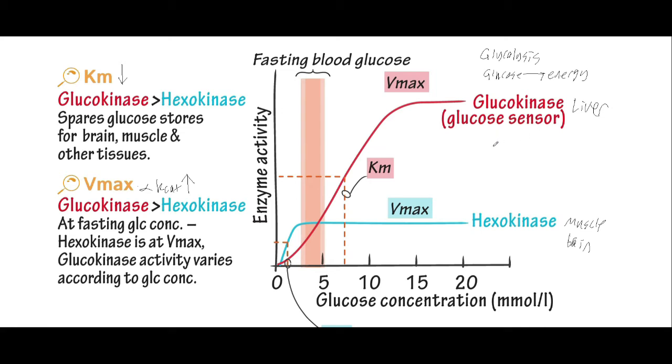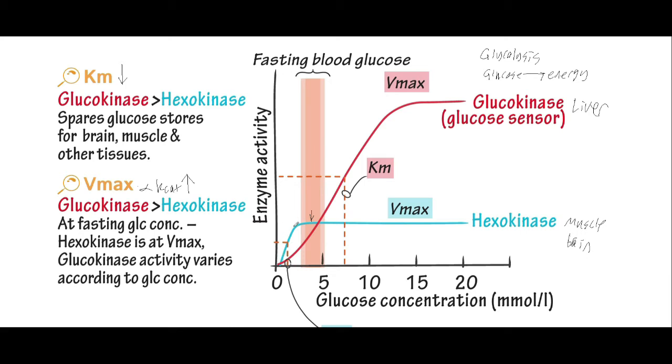And so if we're at our normal blood glucose, then we want our hexokinase, which is what's feeding our muscles and our brain and our everyday physiological activities, to be at its max, and so we want it to have a Km that's very low.